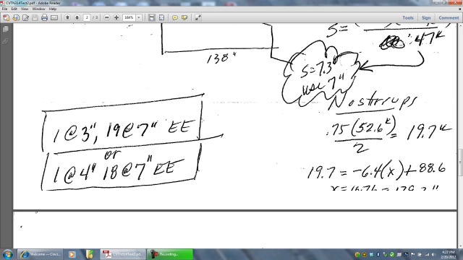So really I'll accept a couple different answers here. If you said 3 inches, you're going to need 19 spaces at 7, because if you chose 3 inches and said 18 spaces at 7, then when you add the 3 in, you only come up to 129, which isn't past 129.2. If you use the 1 at 4, then you can get by with 18 at 7. So either one of those would work.